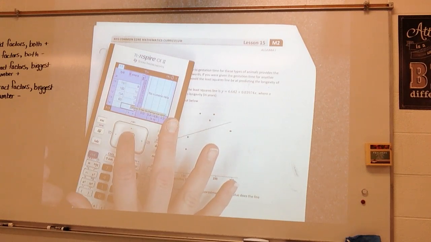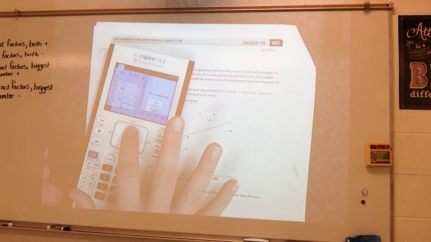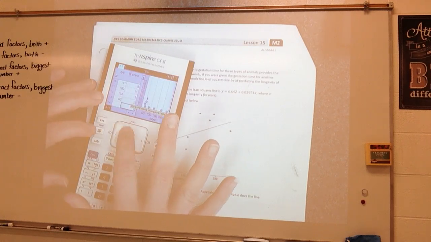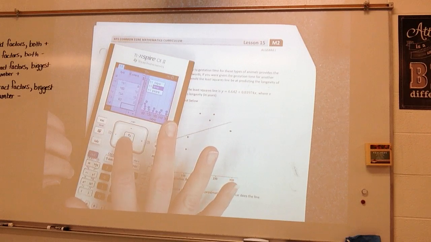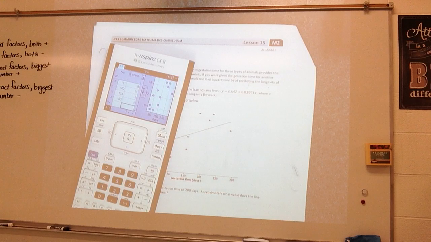Days, and I'll make this years. There's my data, and it looks similar to my scatter plot. This one on the calculator is quite bunched up because it only has half a screen.